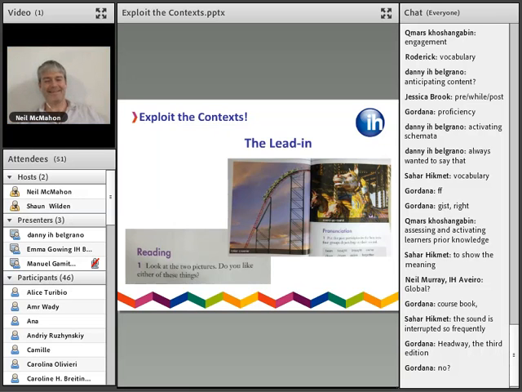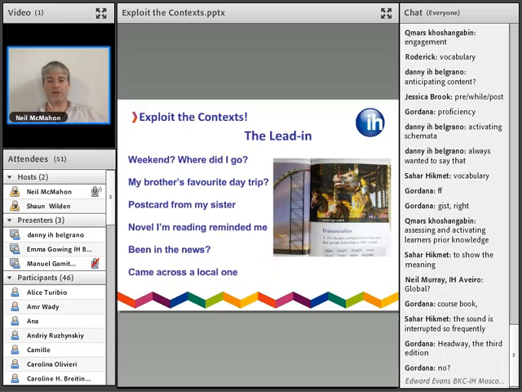Yeah. Danny, you can see Danny's done the Delta International Buenos Aires with his activating of schemata. Certainly you would do that in order to lead into the gist, all of those things you were talking about in the lead-in. And then you would have a gist task, first reading of the text, and then a detailed task, go into more detail, and then you would follow that up with a productive task.